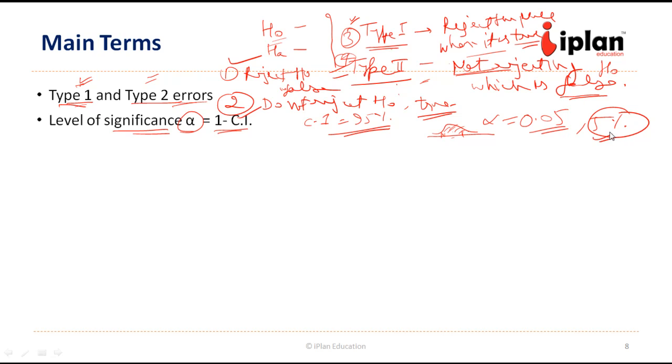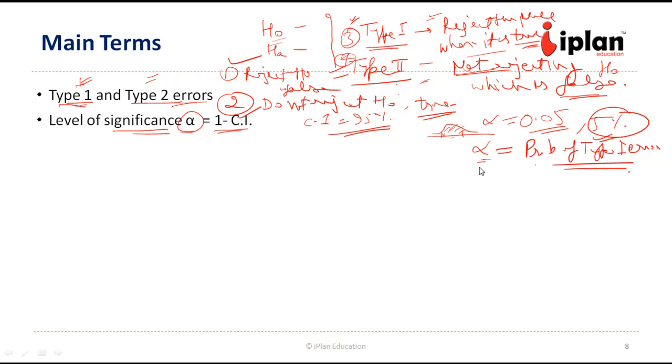So this 5% represents the level of significance. Also, this alpha is the probability of type 1 error. So this needs to be remembered. This 5% also represents there are 5% chances that we are going to reject the null hypothesis where it is true. So that represents significance level of a test.